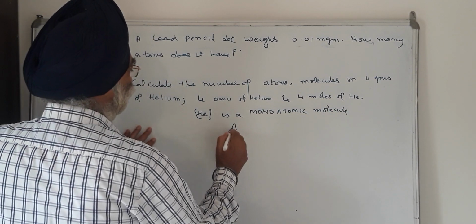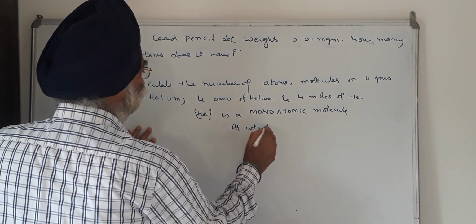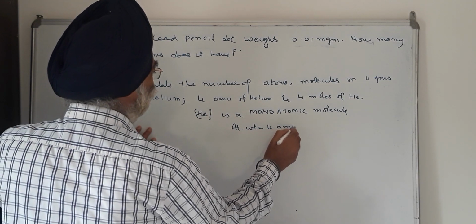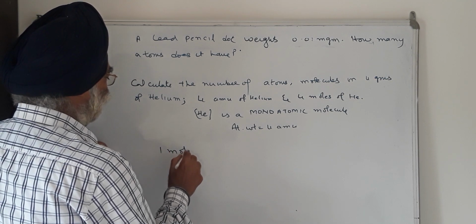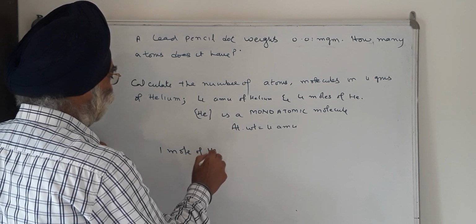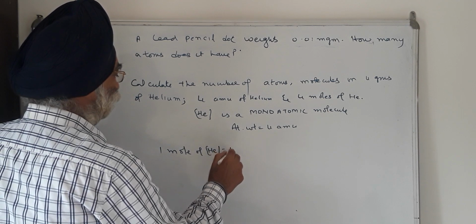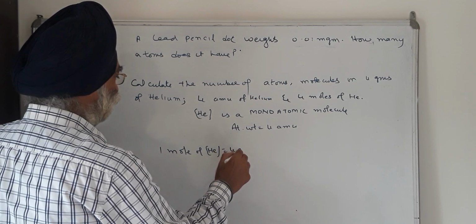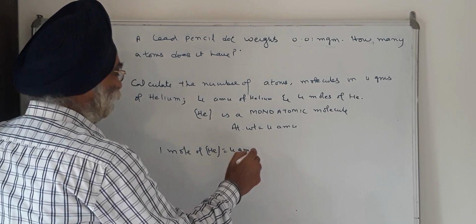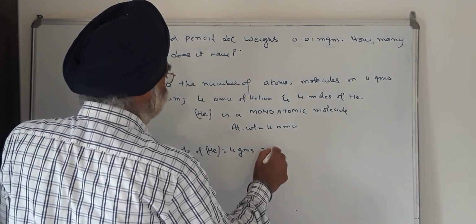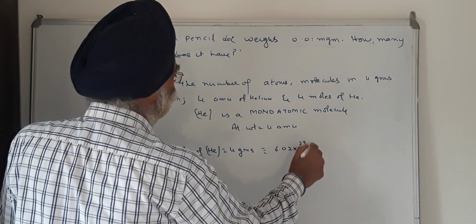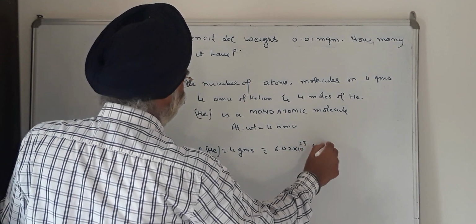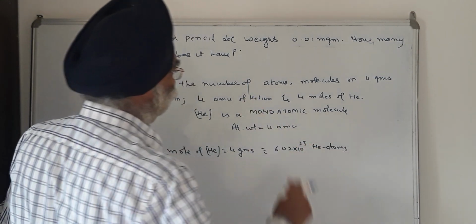Maybe its atomic weight 4 AMU means 1 mole of helium, 4 grams, and it is 6.02 into 10 raised to the power 23 helium atoms.